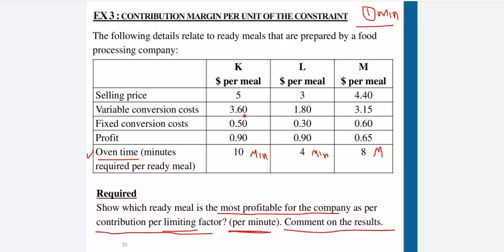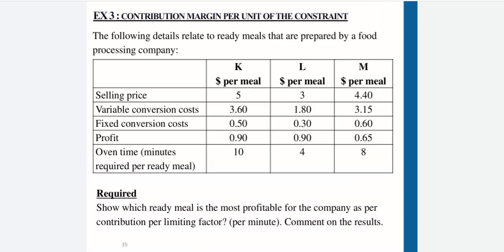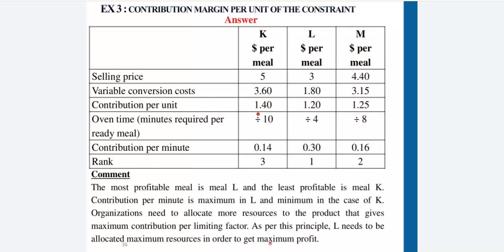Very good. So I will take 5 minus 3.6, 3 minus 1.8, and 4 minus 3.15. Okay? Calculate the contribution margin. Here is our calculation. The contribution margin per unit: this meal gives me $1.4. This meal will give me what? $1.20. The last one is $1.25.